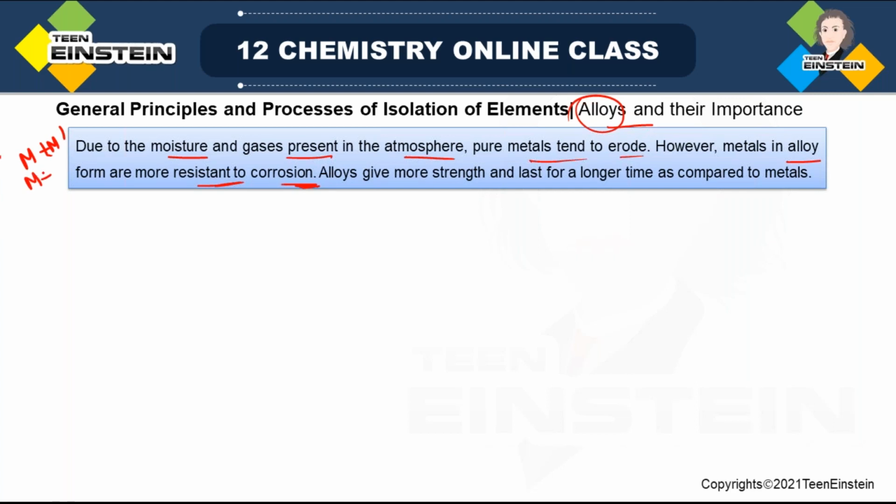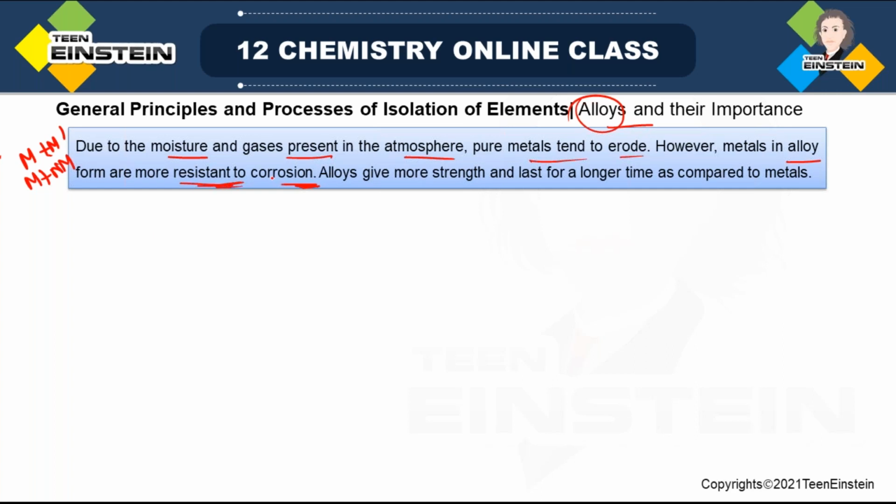It may be metal plus some non-metal. That is, if you mix carbon with iron, you will get steel. So that is also an alloy. So either two different metals, or more than two, or a mixture of one metal and non-metal. Both are possible. But why are we doing so? Because the purpose is to make it more resistant to corrosion.